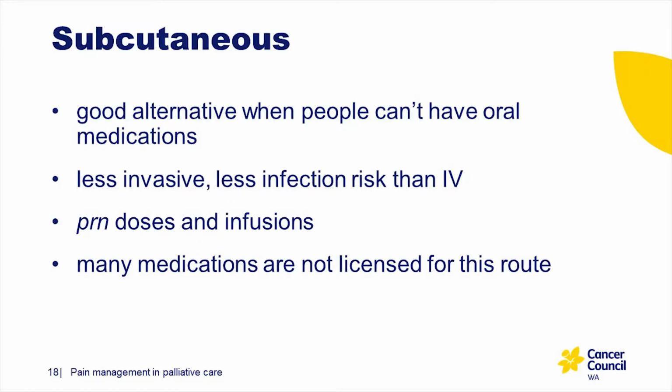Subcutaneous, I said, is a good alternative for patients who can't have oral medications. It's less invasive and there's far less infection risk than giving medications intravenously. In pain management, we will generally start by giving the medications on a when-needed basis, PRN, and then when we work out what amount of opioid they require, we may change this to an infusion so they've got an ongoing background of pain relief.